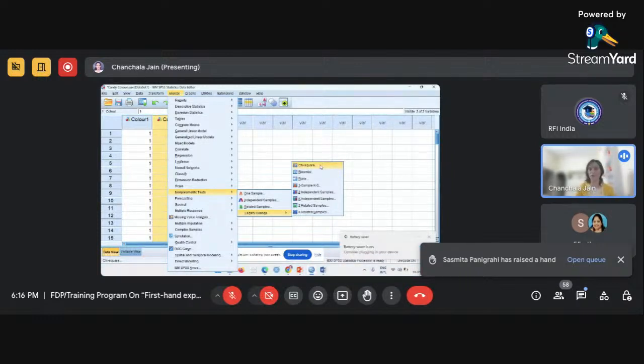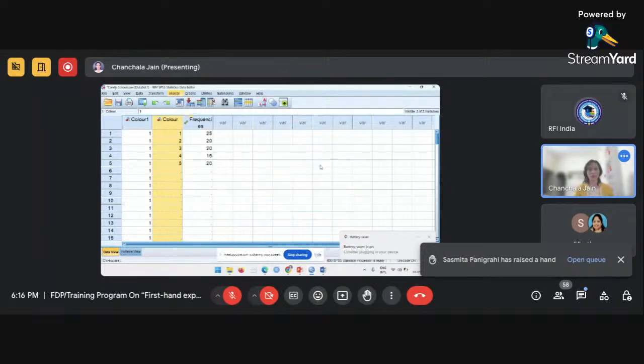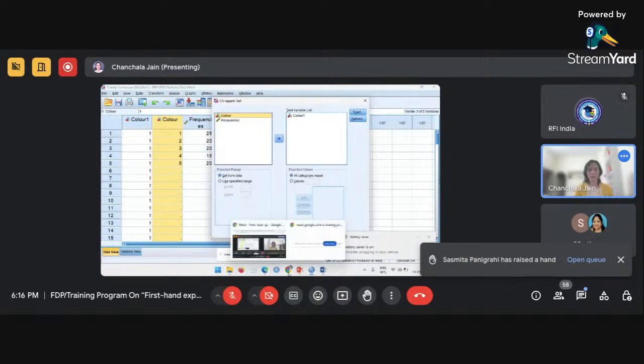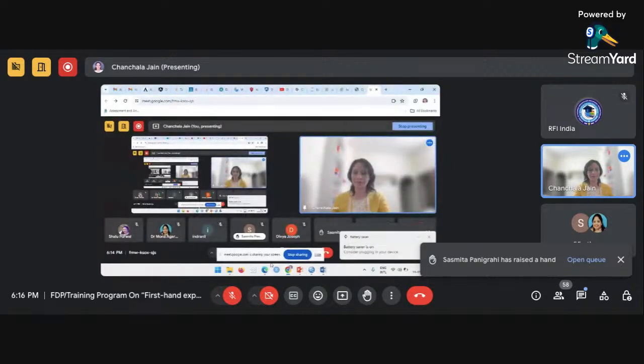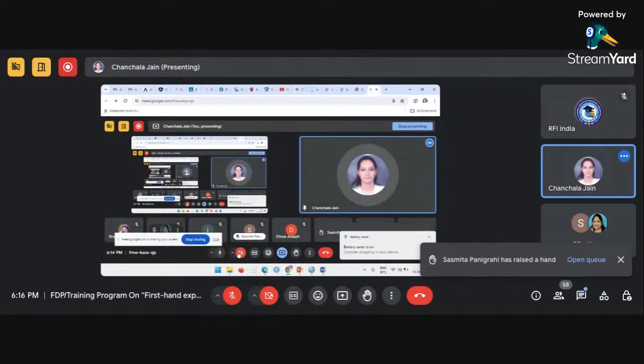Give me a second. There is a problem with the battery, so I need to attach my laptop to the power.